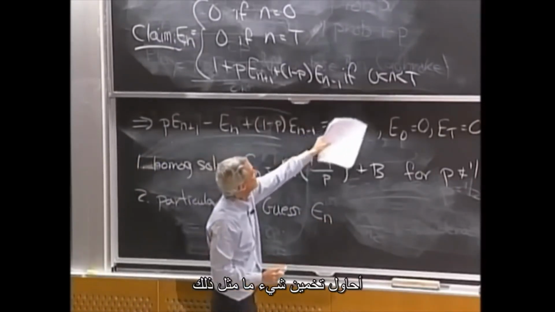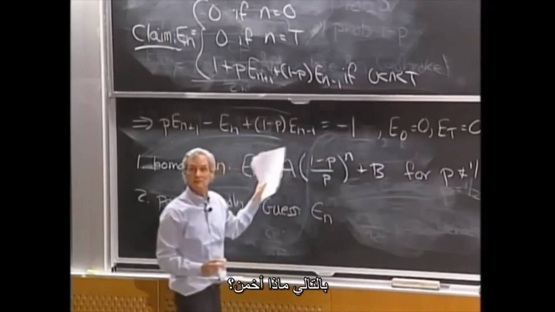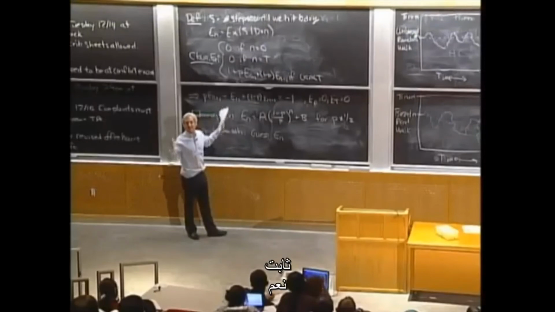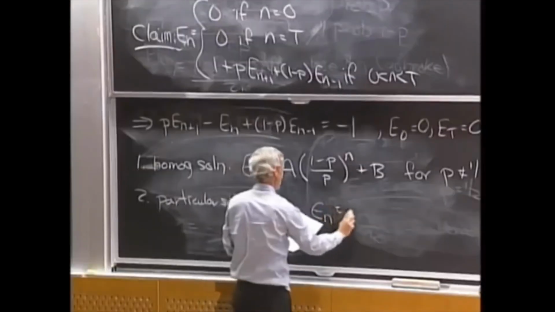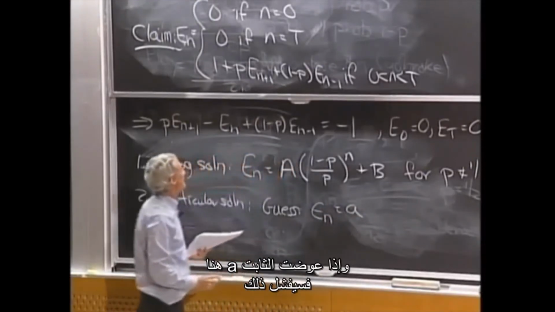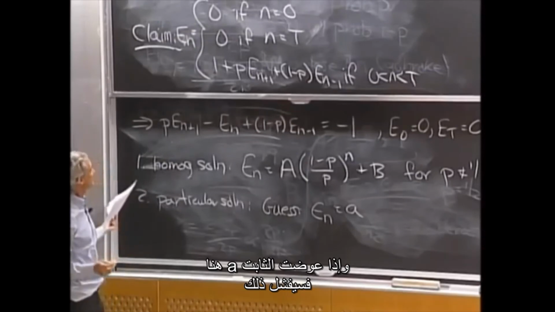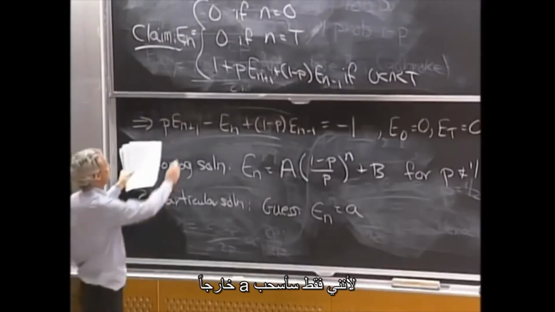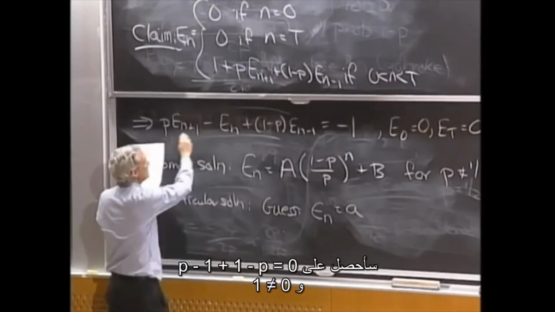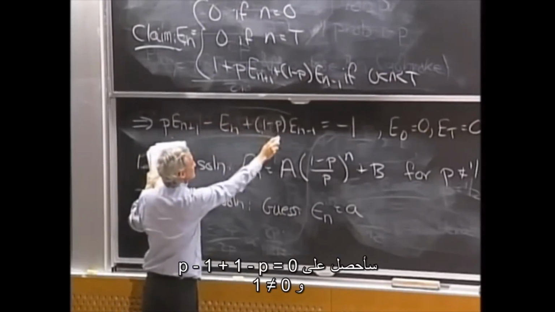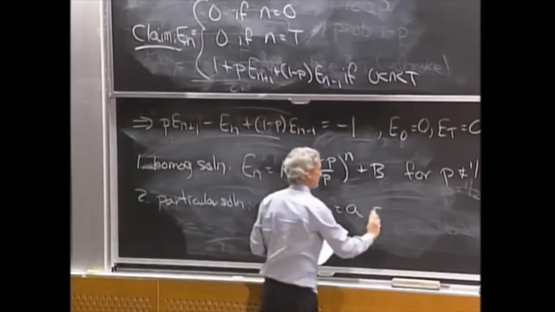I'm trying to guess something that looks like that. So what do I guess? Constant. Yeah. Something just, that's a scalar, I'll just guess a constant. And if I plug a constant A into here, it's going to fail, because I'll just pull the A out. I'll get p minus 1 plus 1 minus p is 0, and 0 doesn't equal minus 1. So it fails.